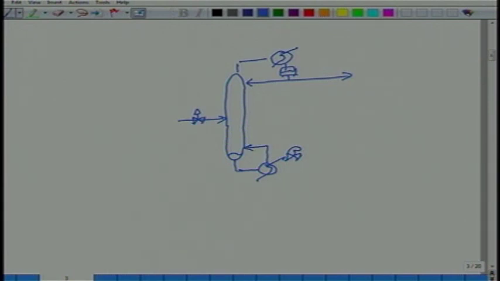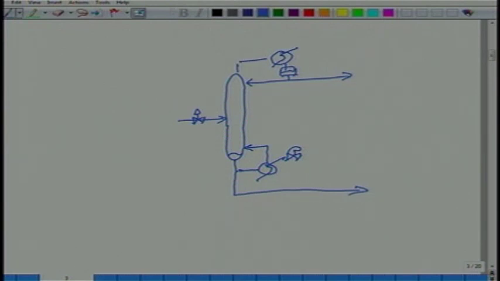Before I start asking you questions, I want you to know that this is the distillation column, right. Now, how does the reboiler work? Typically it is a thermosiphon reboiler. What is the thermosiphon effect?